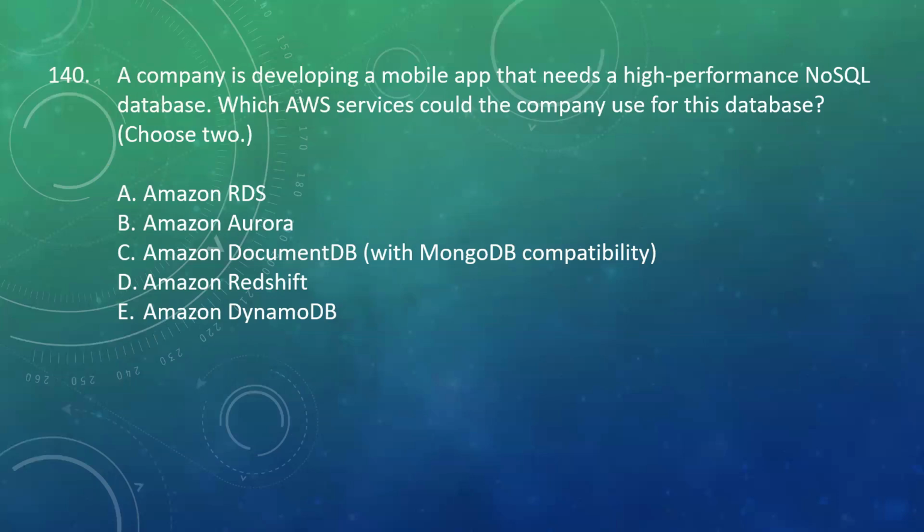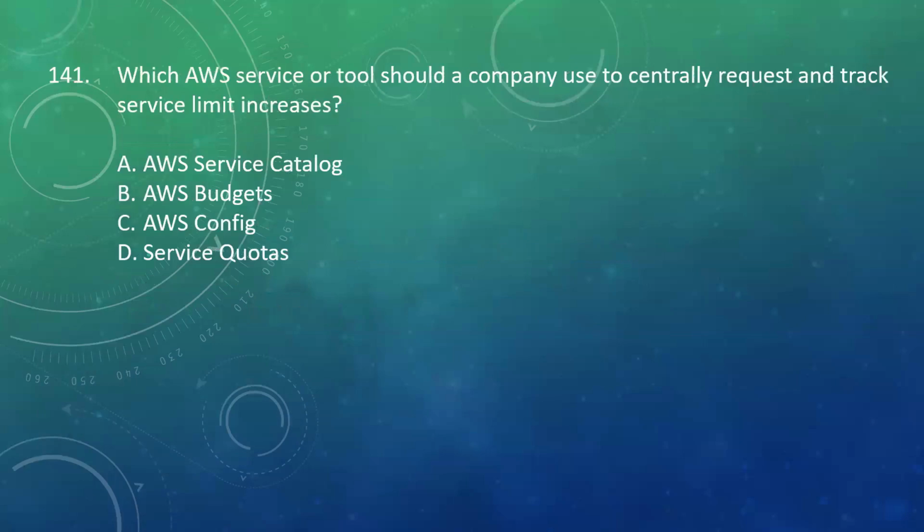You would have already understood that the main keyword in this question is that you need to look for a NoSQL database. And of the options available, the two NoSQL databases are DocumentDB and DynamoDB, making option C and option E the correct choice.